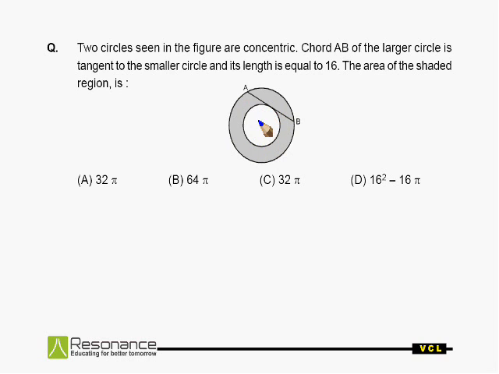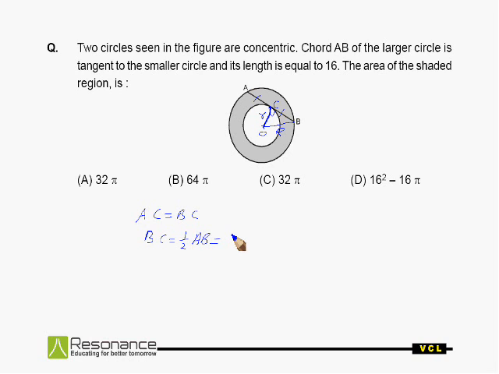Let the center of these two circles be O and the point of contact as C. Now when we join center to the point of contact, we get the radius for the smaller circle, let's say r, and when we join the center to the point B, we get the radius of the bigger circle, which is represented as capital R. And we know that when we drop a perpendicular from center to the chord, it will bisect the chord, that is AC equals BC, or we can say BC is half of AB.